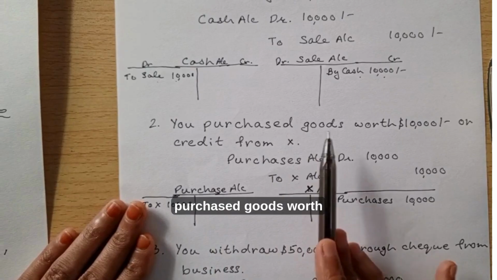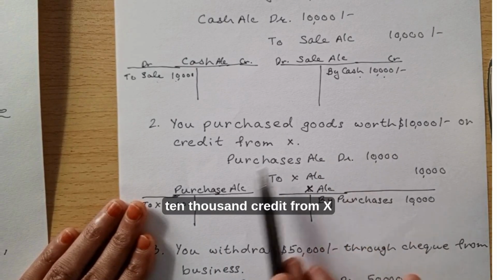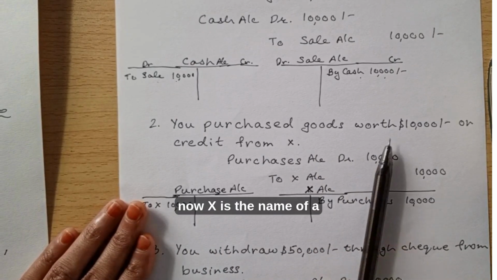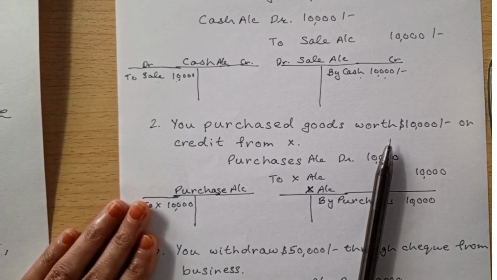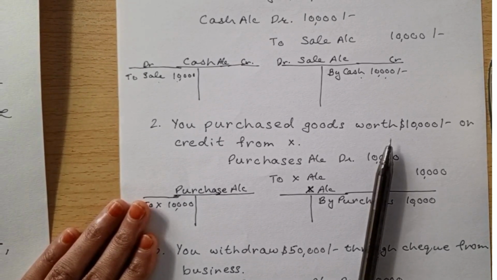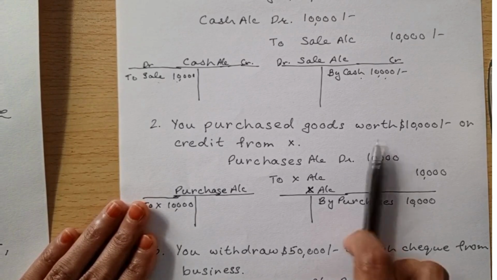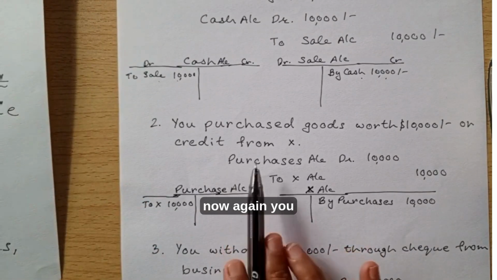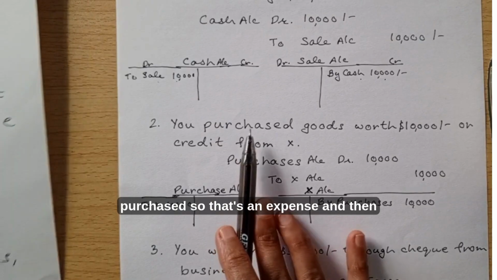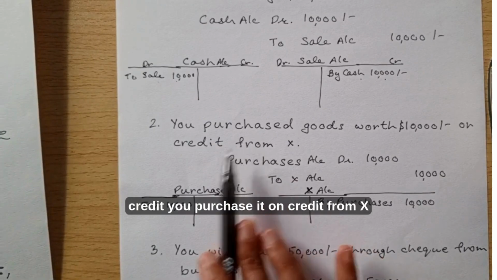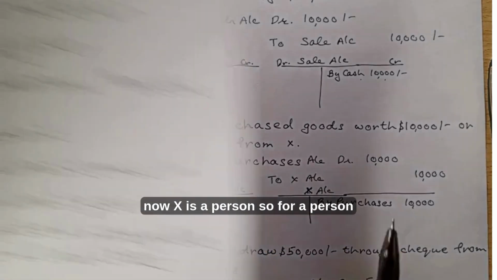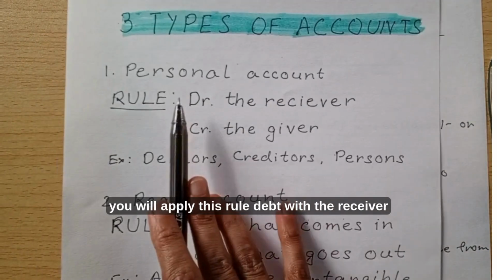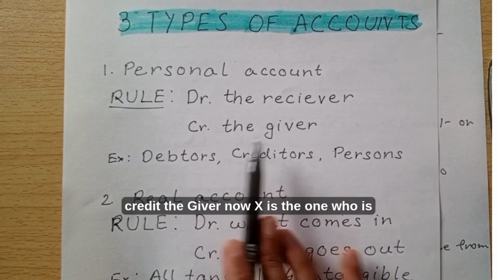You purchased goods worth 10,000 on credit from X. Now X is the name of a person. Again, you purchased, so that's an expense, and you purchased it on credit from X. Now X is a person, so for a person you will apply this rule: debit the receiver, credit the giver.